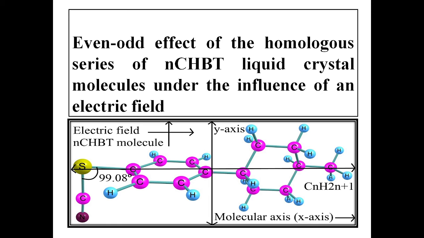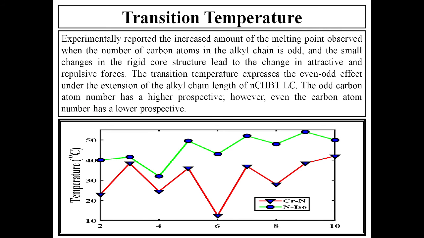Even-odd effect of homogenization of the NCHBT liquid crystal molecule under the influence of an electric field. Transition temperature. Experimentally, an increase in melting point is reported when the number of carbon atoms in the alkyl chain is odd, and small changes in the rigid core structure lead to changes in attractive and repulsive forces.